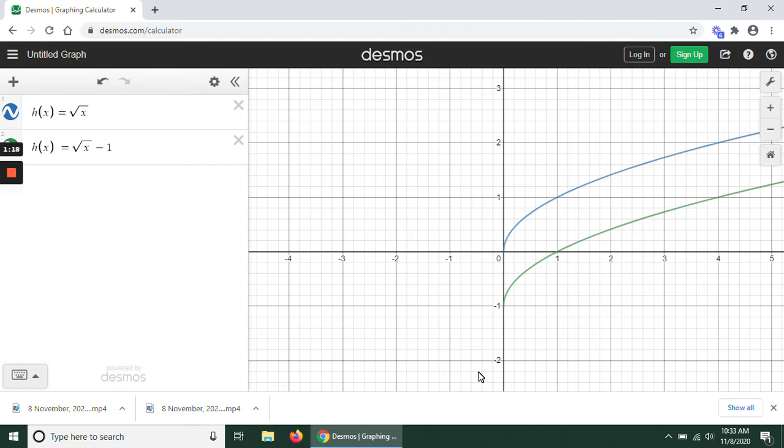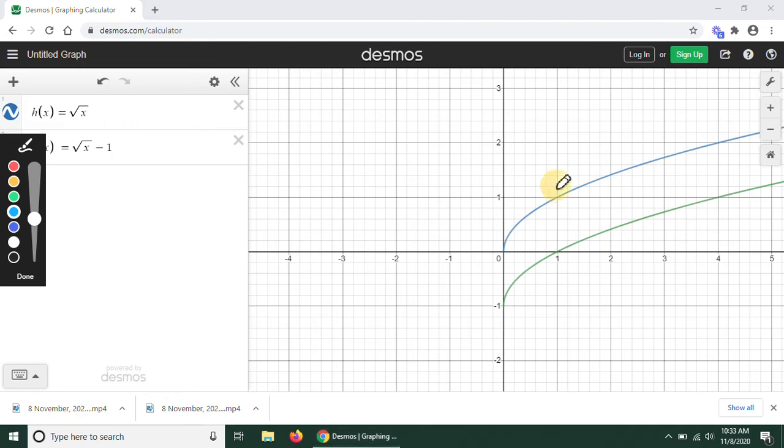Notice when I added a negative 1 to the parent function, the original function, the parent graph, which is the blue graph here, has been shifted 1 unit downwards to give us our new graph.